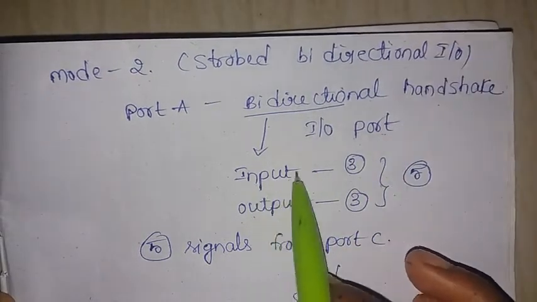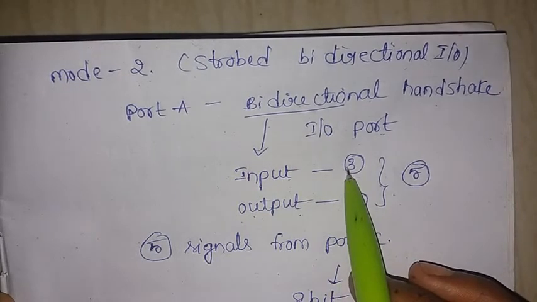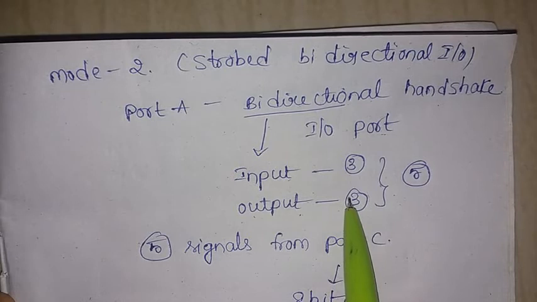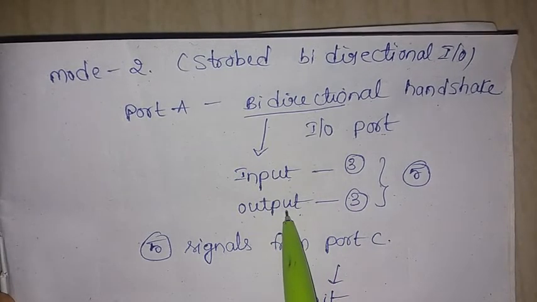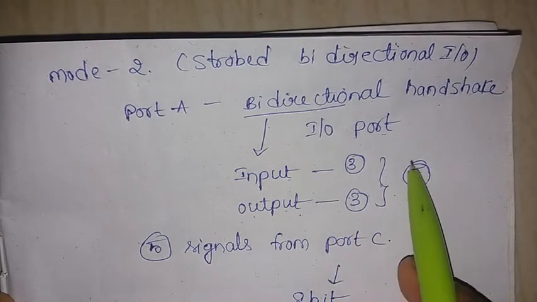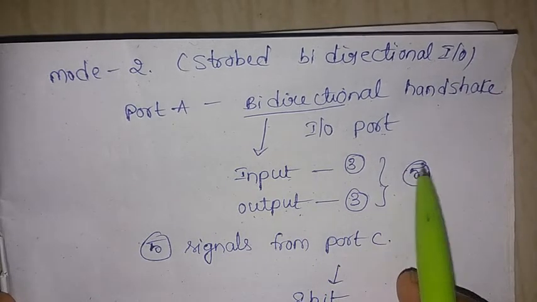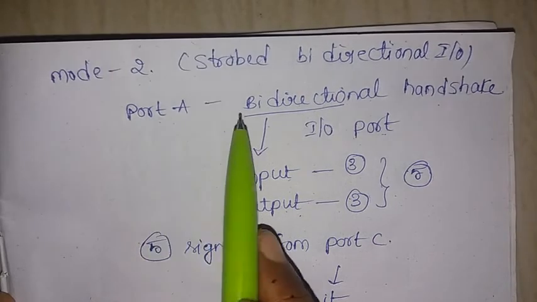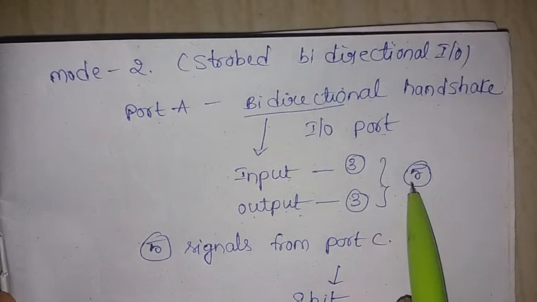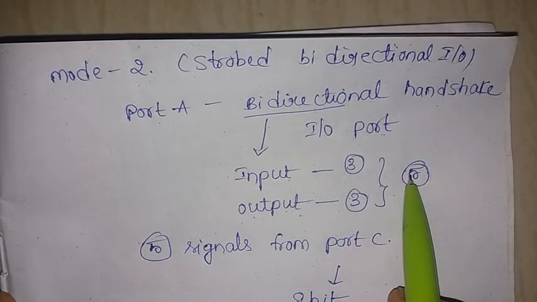For input handshaking we need 3 handshake signals, and for output handshaking we need 3 handshake signals. In both, 1 handshake signal is common, so in total we need 5 handshake signals whenever a port is used as a bidirectional handshake I/O port.